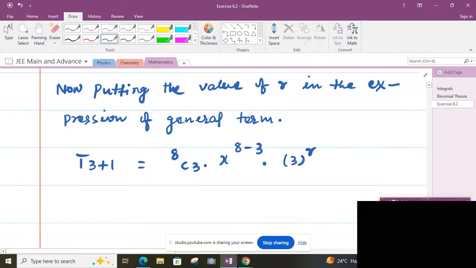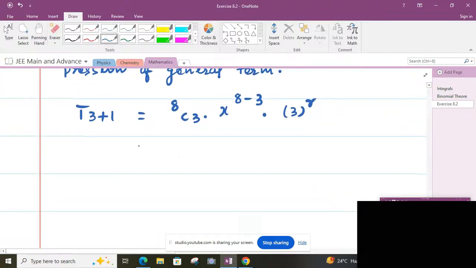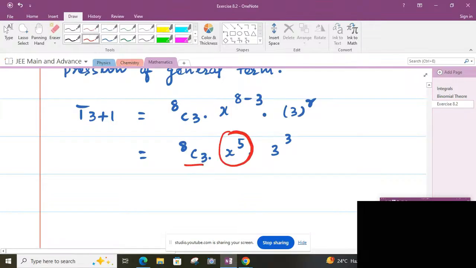The next step will be 8C3 into x to the power 5 into 3 to the power 3. The value of r is 3. In this question it asks us what is the coefficient of x to the power 5. So this is the coefficient of x to the power 5. Now we find out the value of this one.